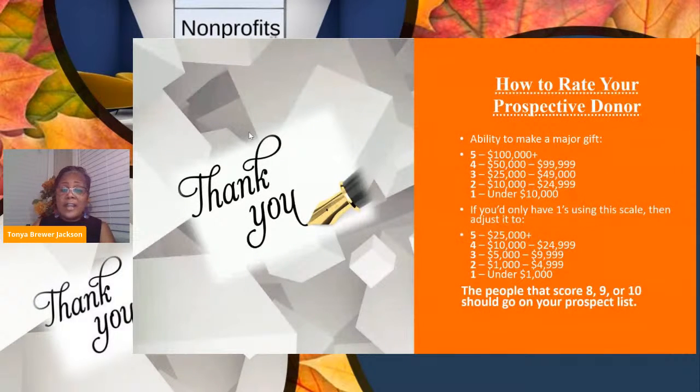But if you're just starting out, it's okay to have about 15 to 20 people that you think are solid that you can work with, because you're going to constantly meet other people.